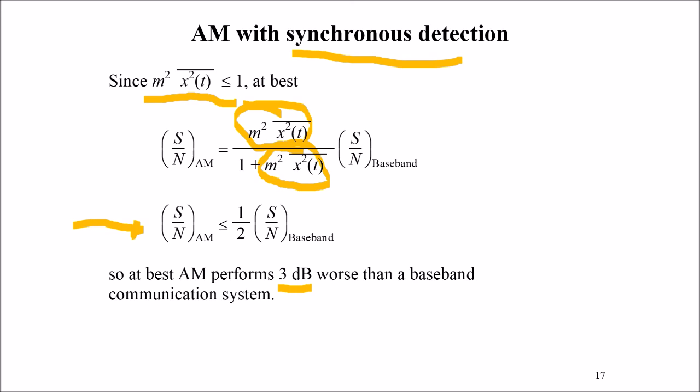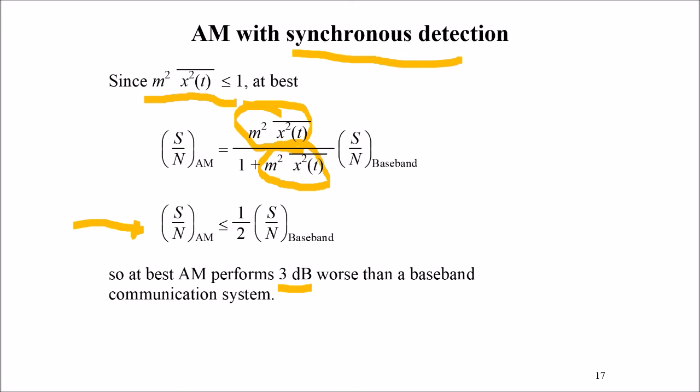So built into the mathematics of amplitude modulation is a performance worse than baseband communication. You remember with double sideband, the modulated signal to noise ratio was equal to the baseband signal to noise ratio.